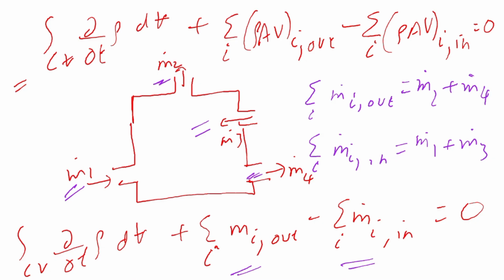Okay. So the next form of simplification is, if on top of this you had a steady flow, right? What was the definition of a steady flow?